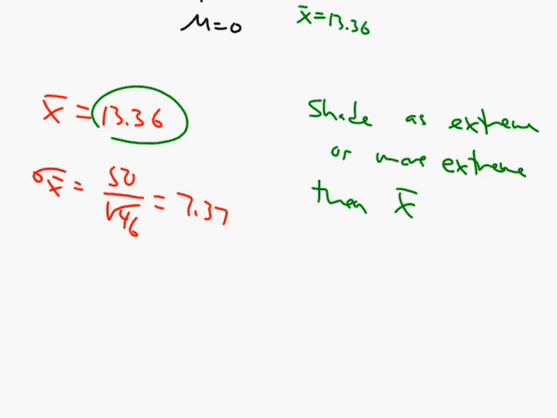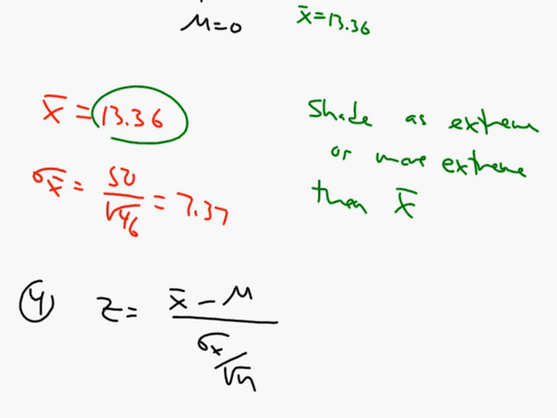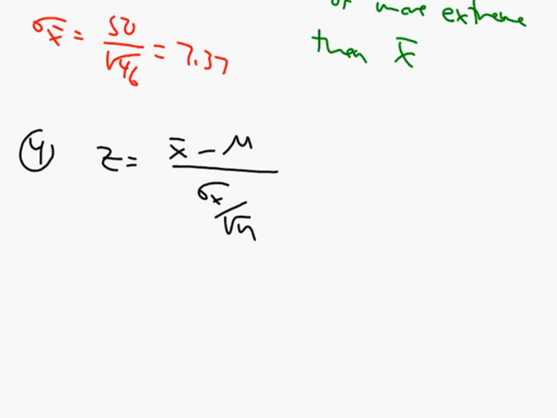So let's calculate number 4, something called the z-test statistic. But if you look at it, this should seem very familiar. Sigma of x over square root of n. Well, if you look at it, it looks just like a z-score, doesn't it? And if you look at the thing on the bottom, what is that? Sigma of x bar.